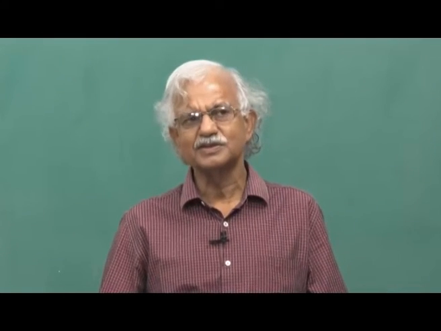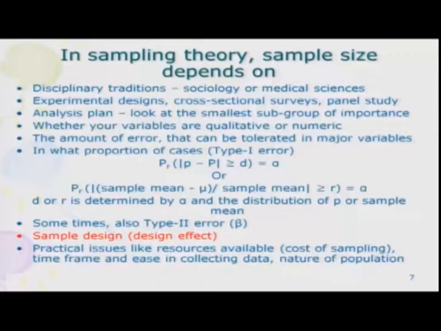It also depends on the value of the parameter. If you are studying, say, attitude towards family planning, maybe you need a smaller sample, not so big. If you are studying birth rate, because birth rate is defined per thousand, 22 per thousand population, so you will need a bigger sample.